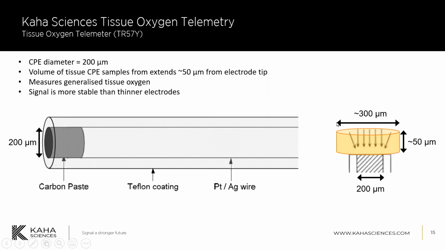What you get is a measure of generalized tissue oxygen, and this means the signal is more stable than using a thinner electrode. If you use a thinner electrode, it's much more prone to changes from the individual cells or from the capillaries, and it's harder to get a stable signal and a more generalized view of the oxygen.